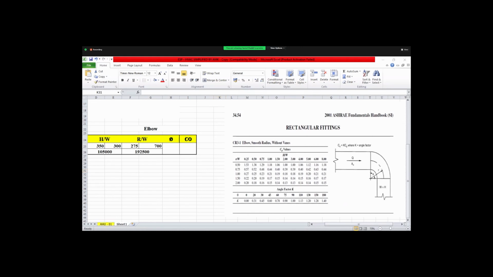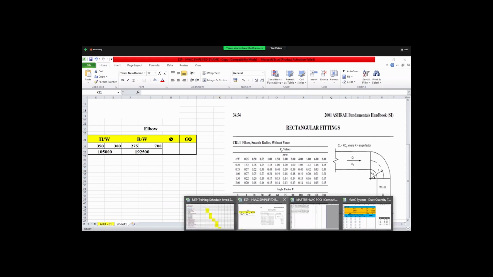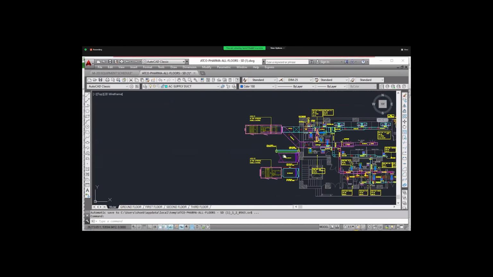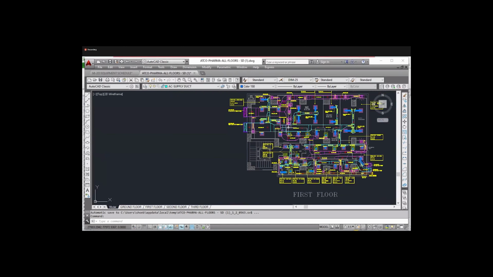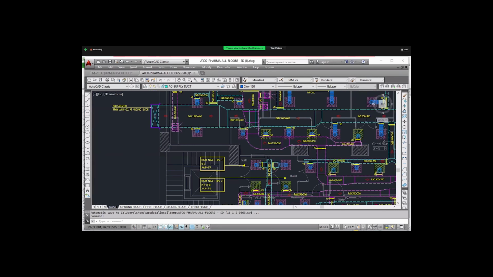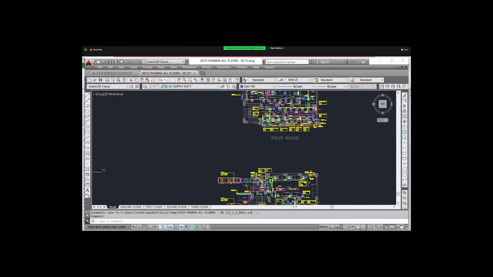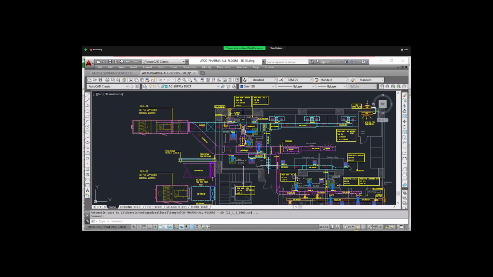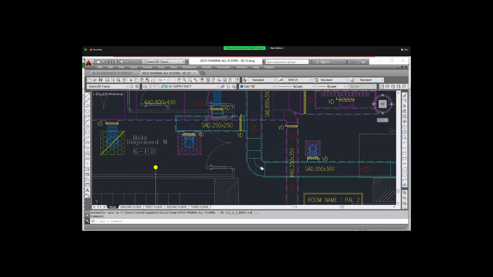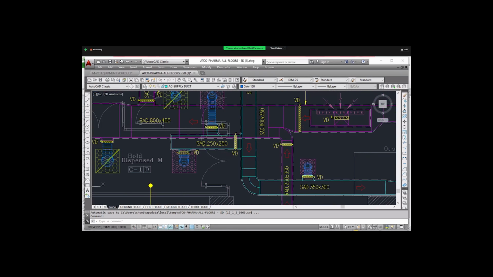So we can take an example here of this duct. This is an elbow here, no? Or otherwise, we can take the example of this elbow as we have for this one. So what is the size here of this duct? 350 by 300.